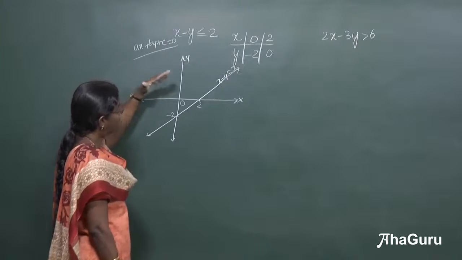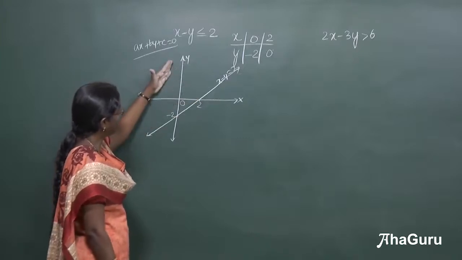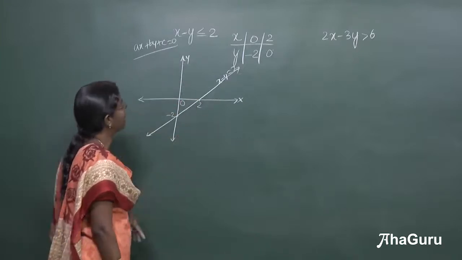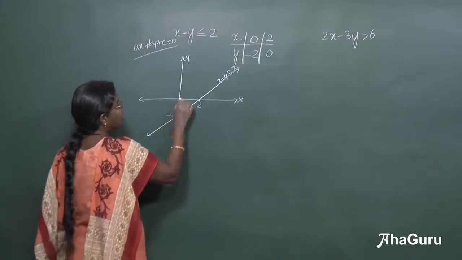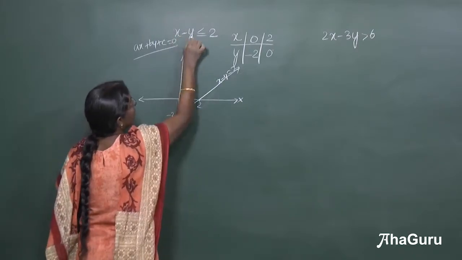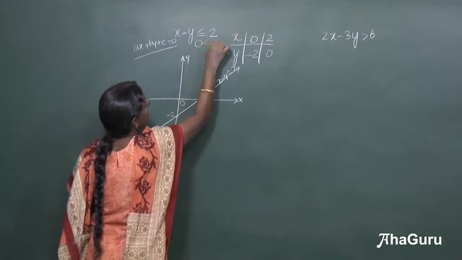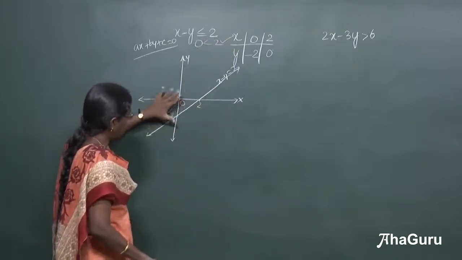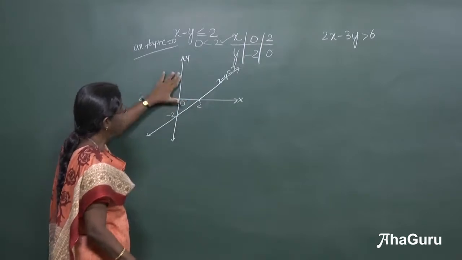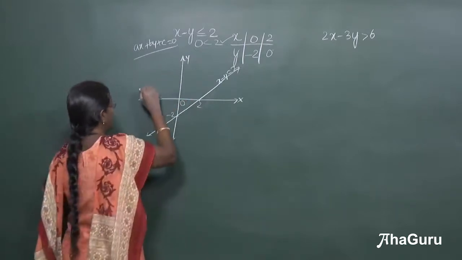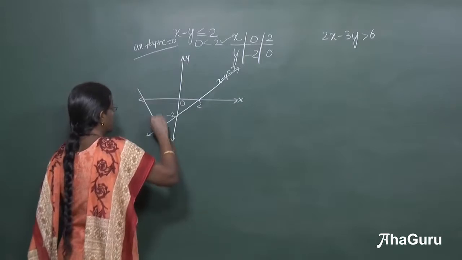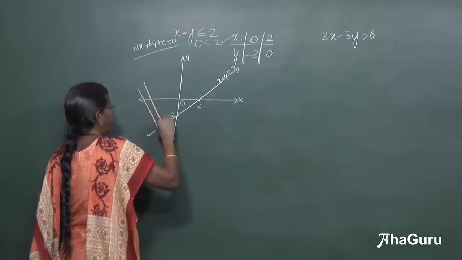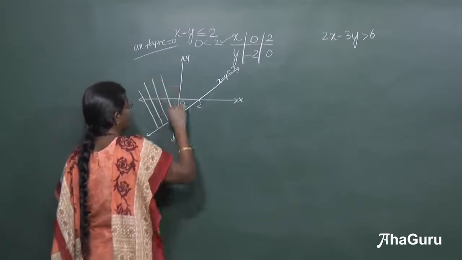Now the region will be either on this side or the other side of the line. The origin lies on one side. If I substitute the coordinates of the origin, I get 0 is less than 2, which is correct. So the required region will be the side where the origin lies. Just shade it like this in the form of straight lines.